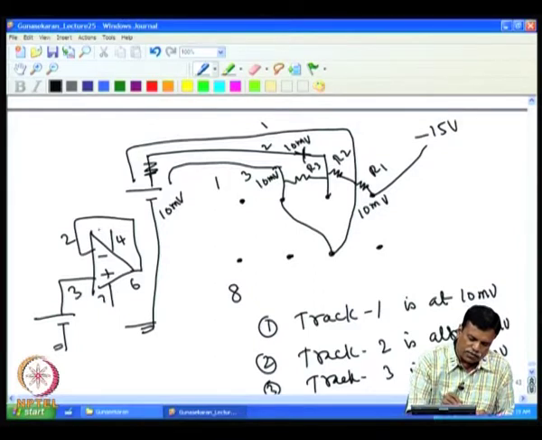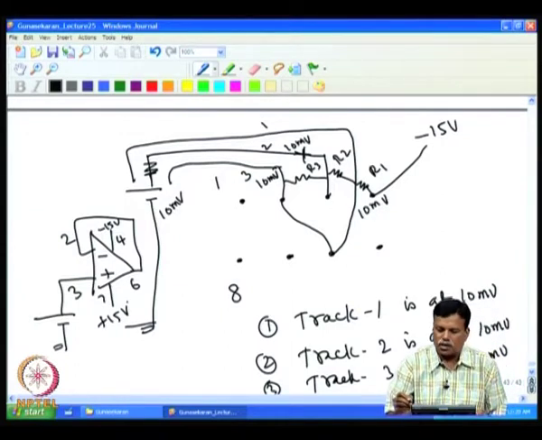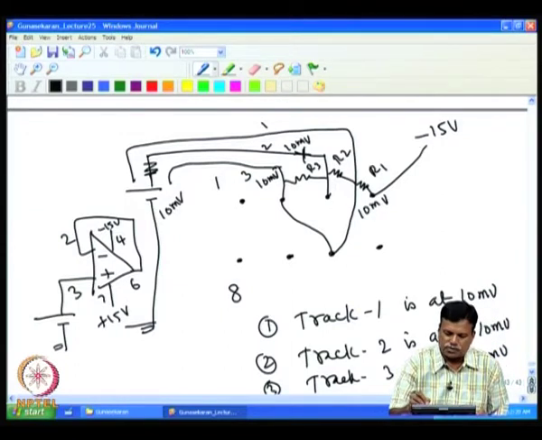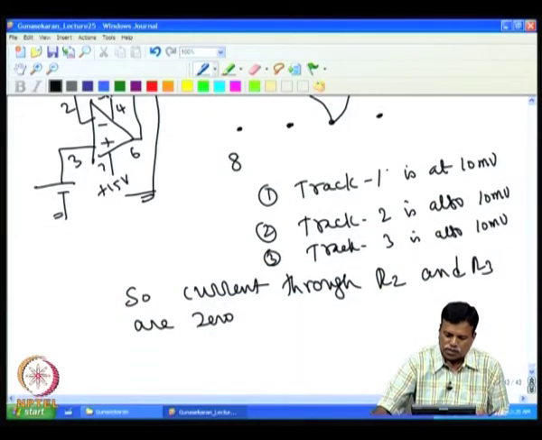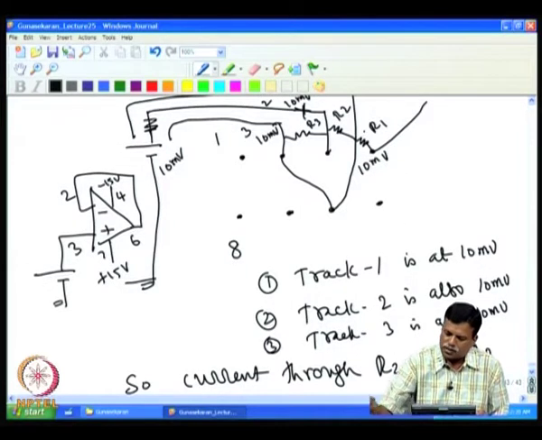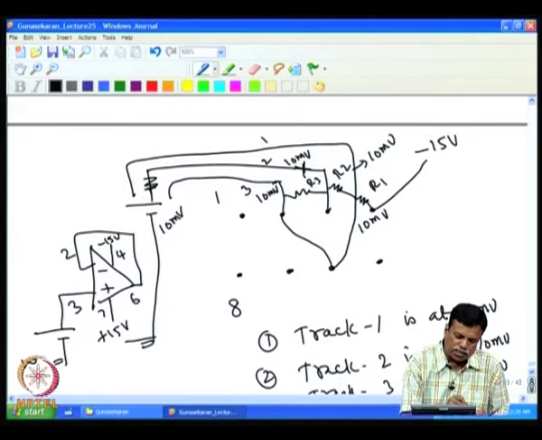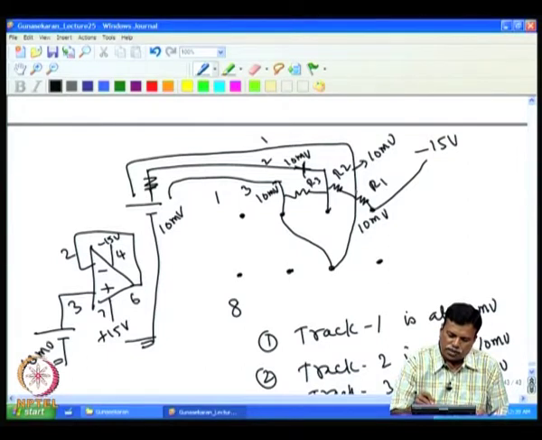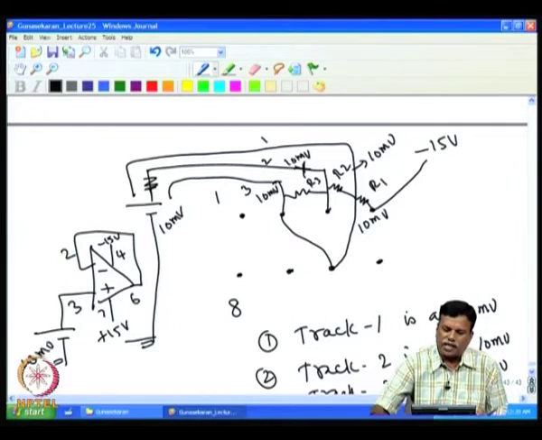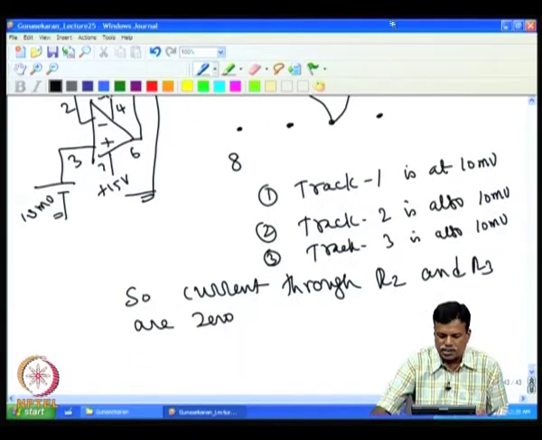This is minus 15 volt, this is plus 15 volt. So, pin number 4 is at minus 15 volt, and the current through R1 is possible. The output is at 10 millivolt, and this is minus 15 volt. So, there will be a current through R1. So, the leakage resistance R1 will have a current.